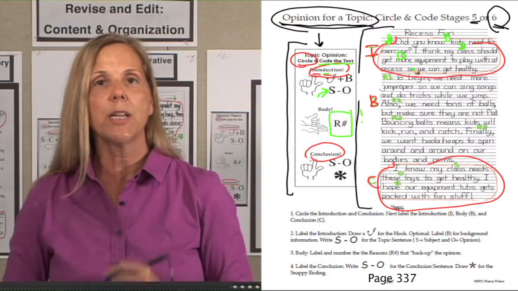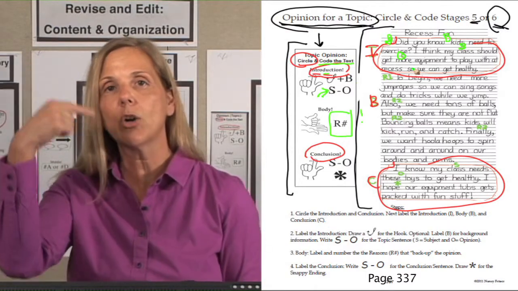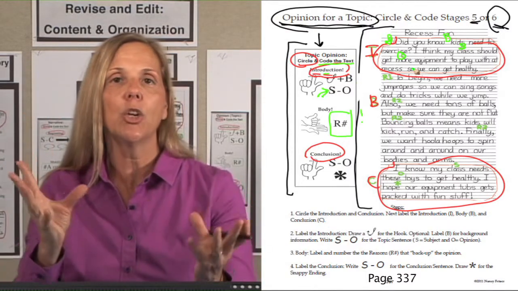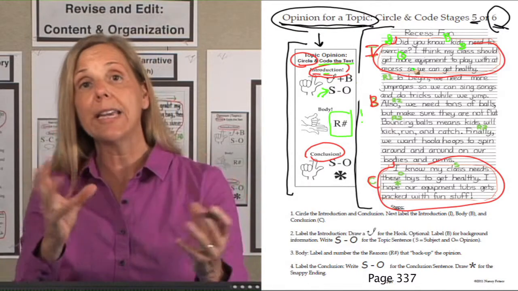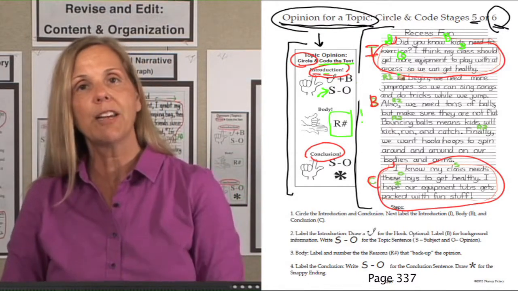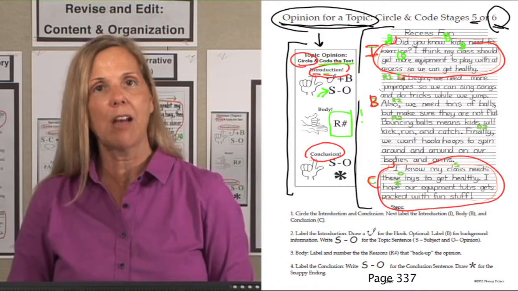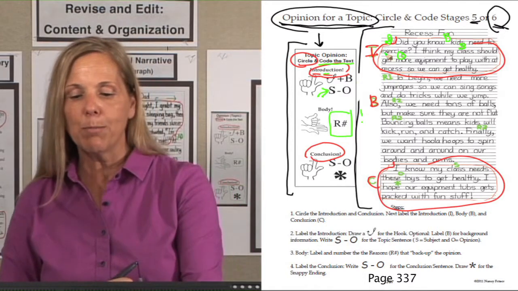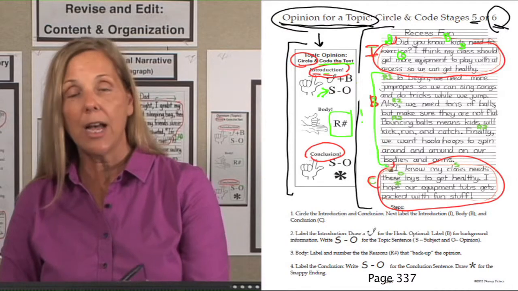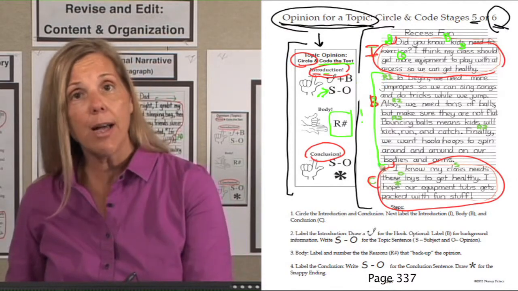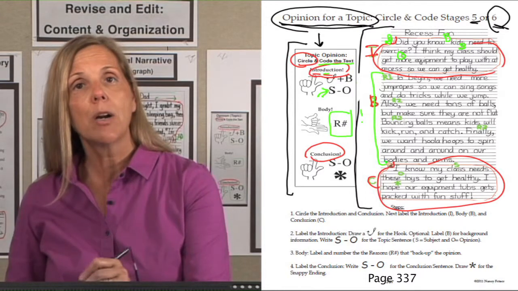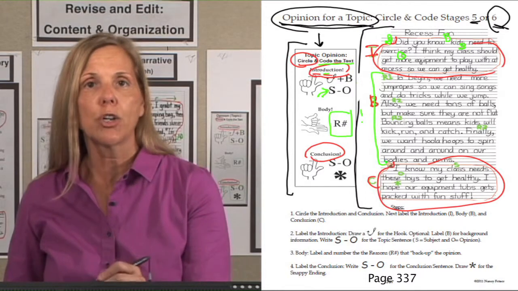There's my opinion, because an opinion is what I think or feel. So I may be telling you what I believe, or I may give my advice, what I think, what I feel. In this case, I'm giving advice. I'm saying this is what we should have, more equipment. I've labeled that part. Let's go to the body. We're going to read our reasons in the body, and we're going to number them R1, R2.